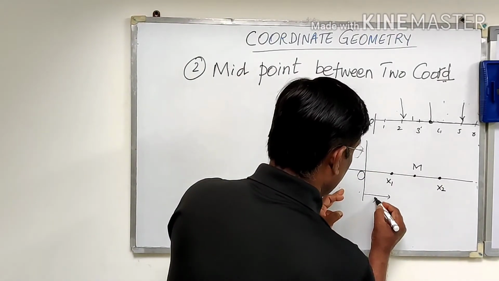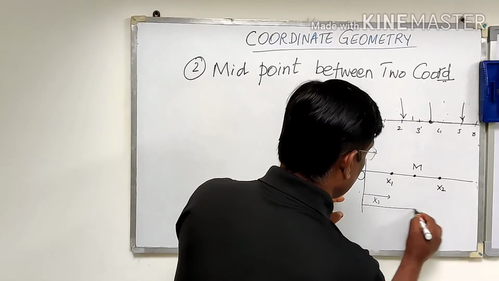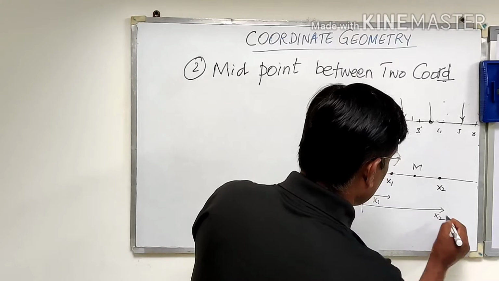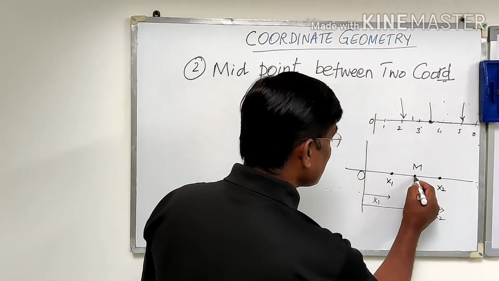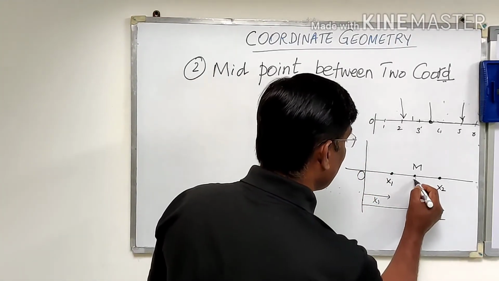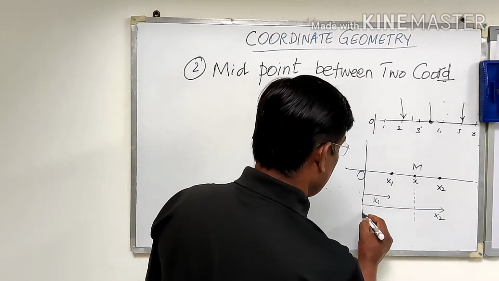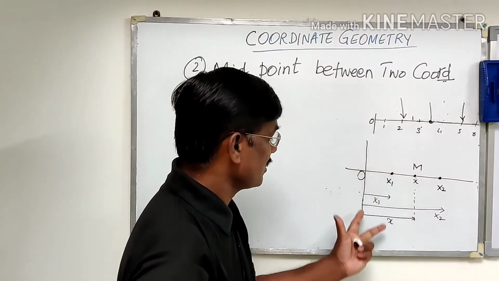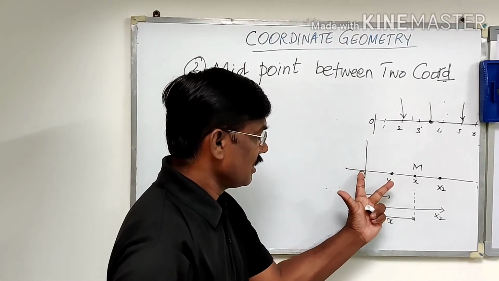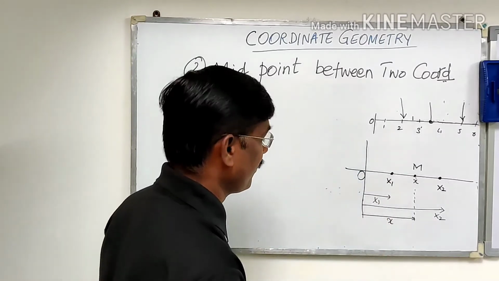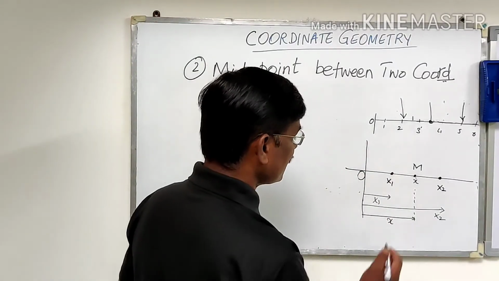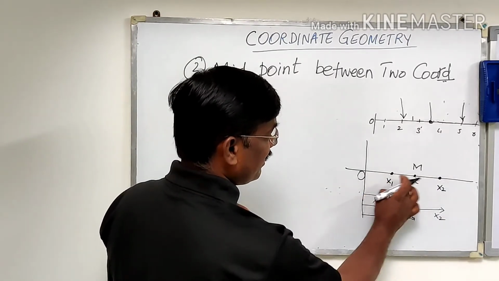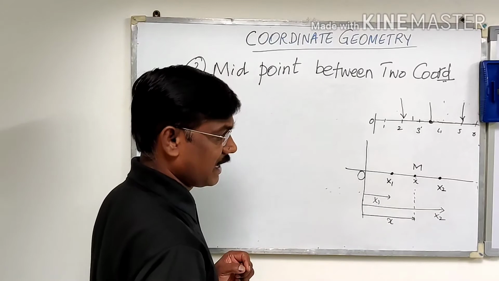From here it is x1 and from here it is x2. The midpoint is somewhere here. Let us say this is the coordinate x. The distance from the origin is nothing but the value of the coordinate. How do we find the midpoint between x1 and x2?